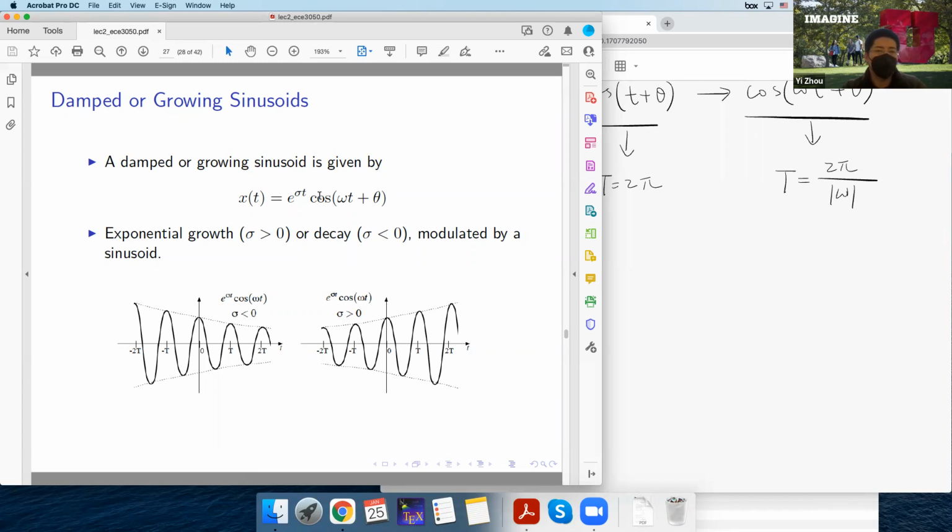So we have a standard cosine signal, cosine(omega t plus theta), and then we scale the amplitude by the exponential signal, e to the power of sigma t. So depending on the sign of sigma, the amplitude may be exponentially damped or exponentially increasing.